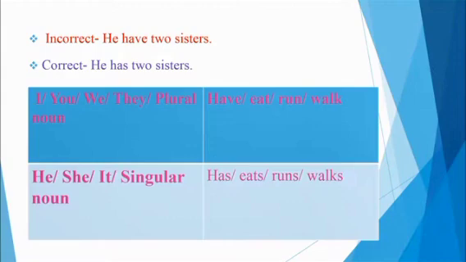But if the subject is he, she, it or any singular noun, then we add s to the verb. Here, he has two sisters is the correct sentence.